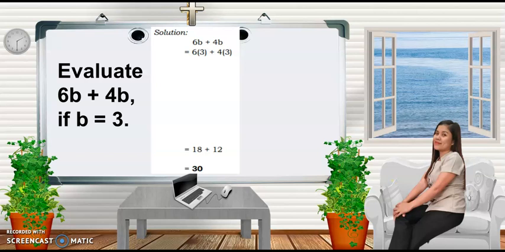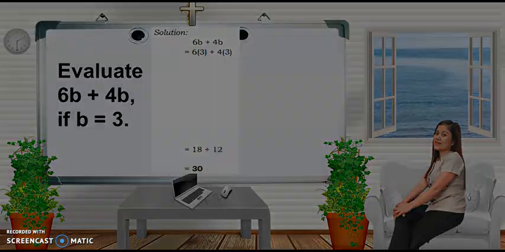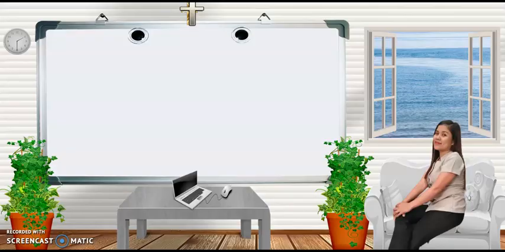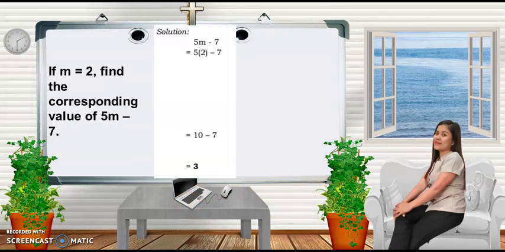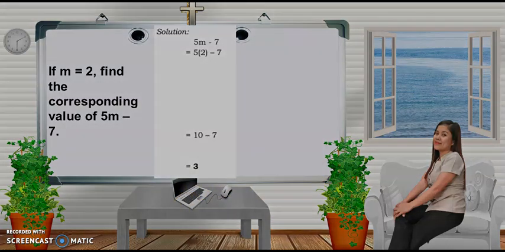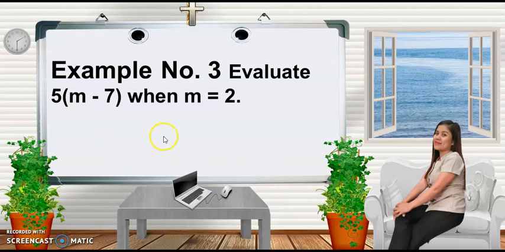Okay, let's have the second example: 5m minus 7. And the third example is like this: 5 times m minus 7.